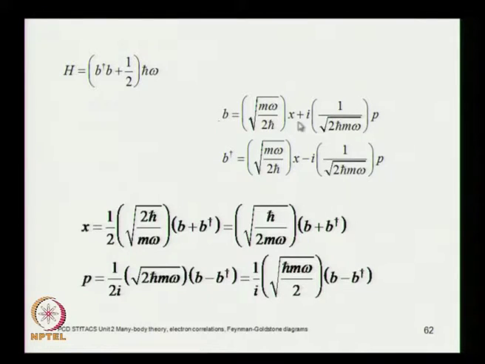You have got these two linear equations, b and b dagger in terms of x and p. So, you can flip them and get x and p in terms of b and b dagger. So, you get x in terms of b plus b dagger and p in terms of b minus b dagger, weighted by appropriate coefficients. Okay. So, that is very easy to see.